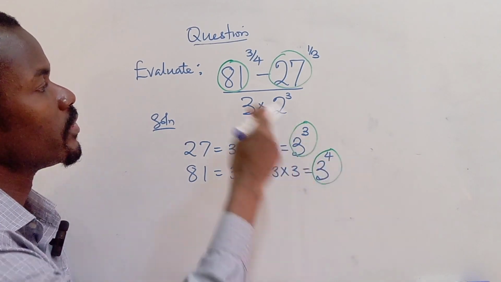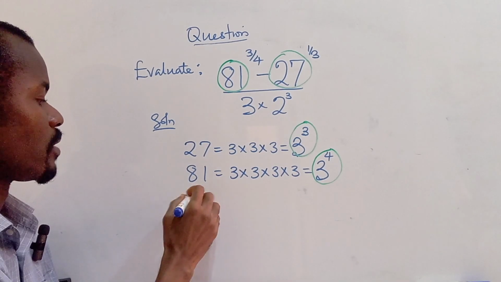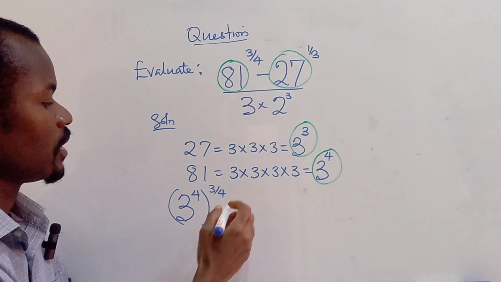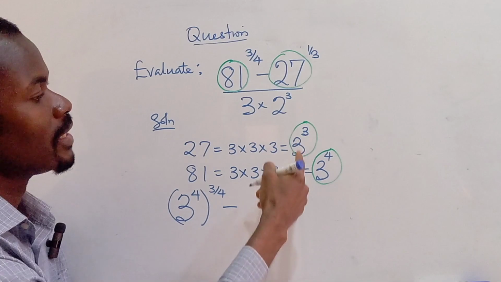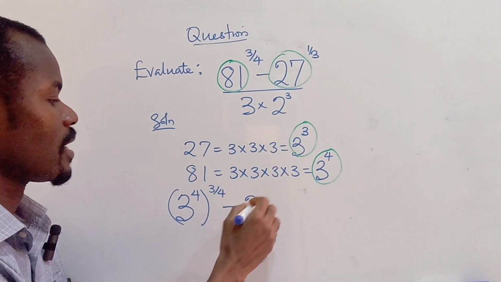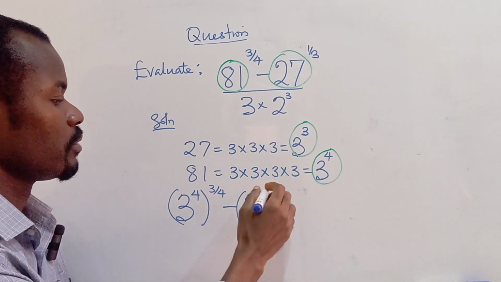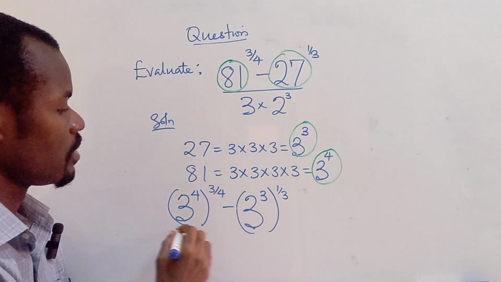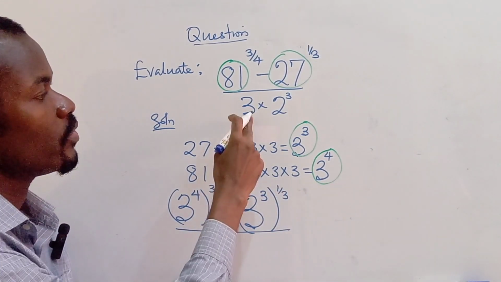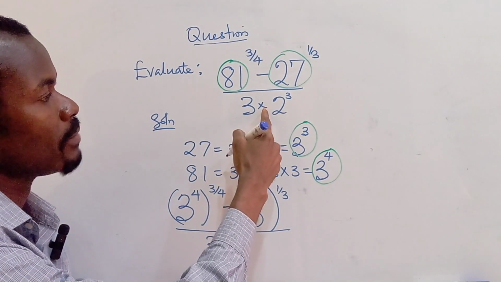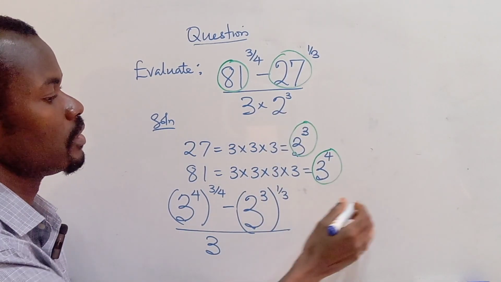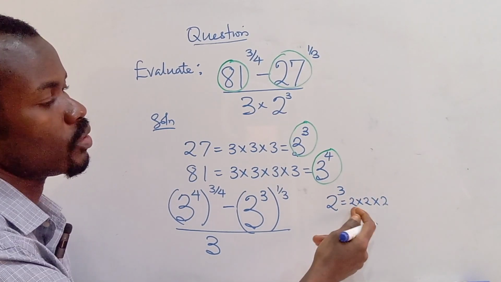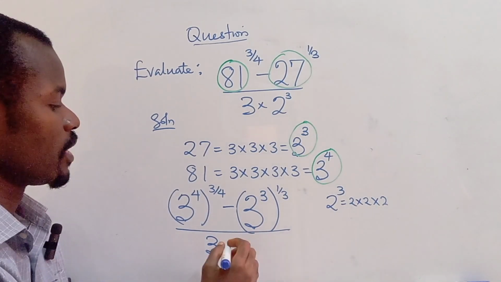I'm going to write 3 raised to the power of 4 in bracket, to the power of 3 quarter, minus, for 27 we have 3 raised to the power of 3 in bracket, to the power of 1/3. All of this is divided by 3 times 2 raised to the power of 3. 2 raised to the power of 3 means 2 times 2 times 2. 2 times 2 is 4, times 2 we have 8.